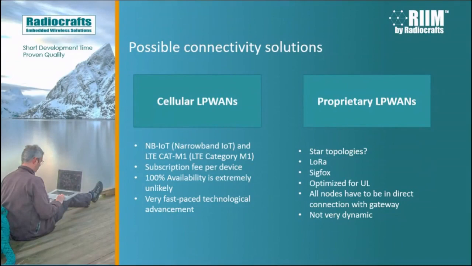Something else about star networks is that all nodes have to be in direct contact with the gateway, and that might not always be possible in the streets, because there might be a light pole behind a tree or behind a building. Maybe there is no tree today, tomorrow there is a tree. Maybe there is no building this month, but next month there is. In the street, things tend to change very quickly, and having a very rigid architecture is not very practical.